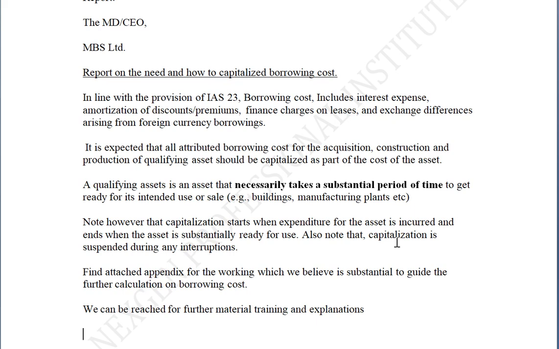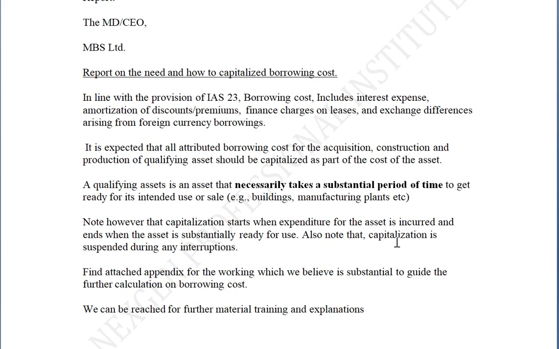In other words, you are still going to pay the interest to the financiers, but you are not going to recognize it as part of the cost of the asset. The interest covering that period of suspension will be expensed, taken from your profit or loss for the current accounting period. Please take note of that.